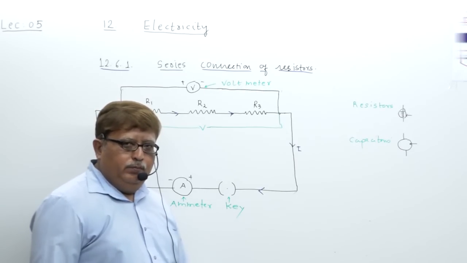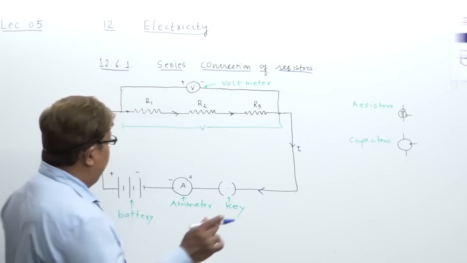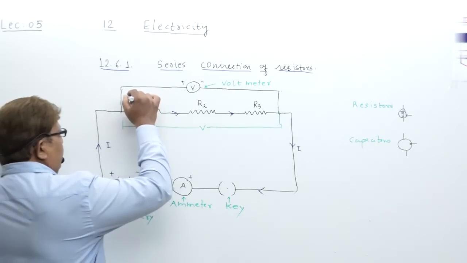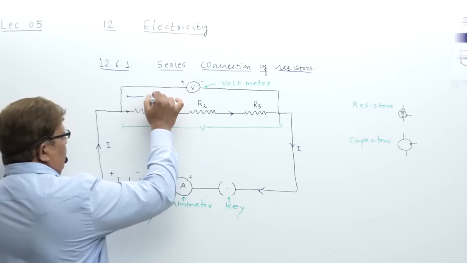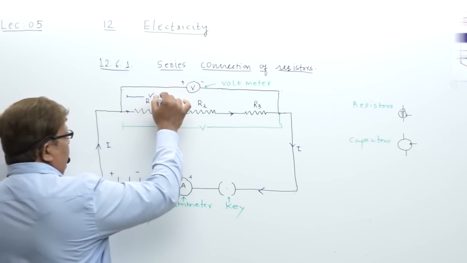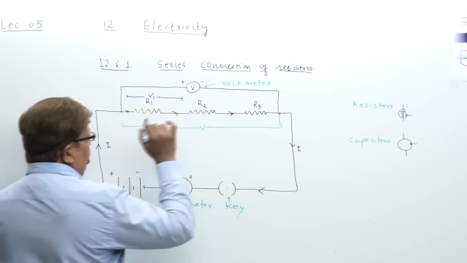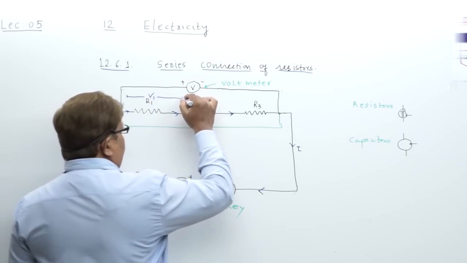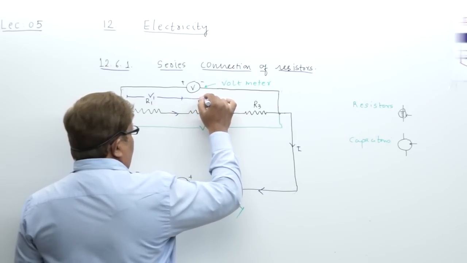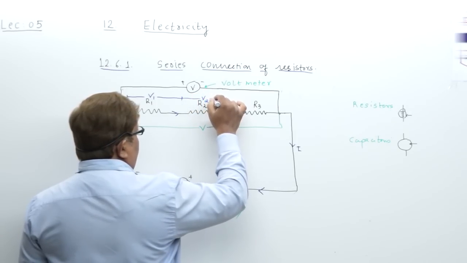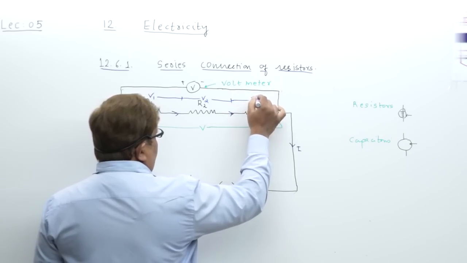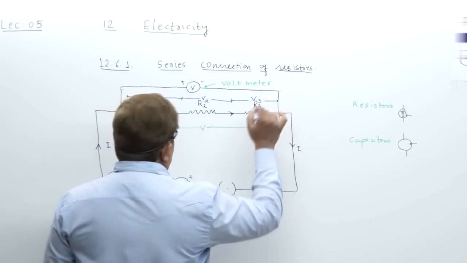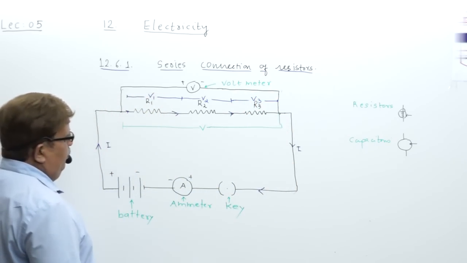And the potential difference across each resistor is different. Across R1 potential difference V1, across R2 potential difference V2, across R3 potential difference V3.